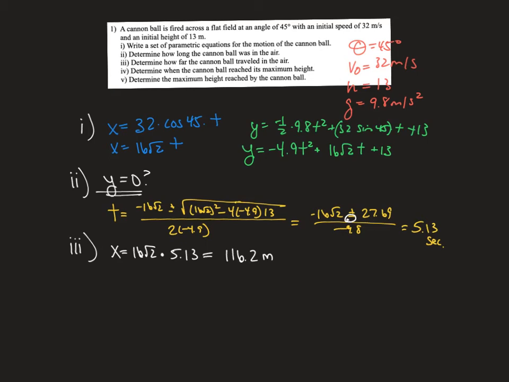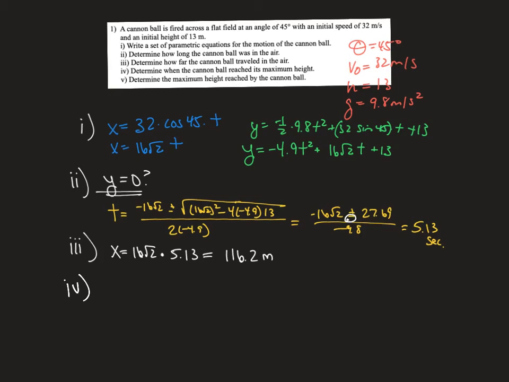So part 4 is saying, hey, determine when the cannonball reached its maximum height. Guys, max and min for parabolas, those were your vertex. There's only one. So you're used to seeing x equals negative b over 2a.